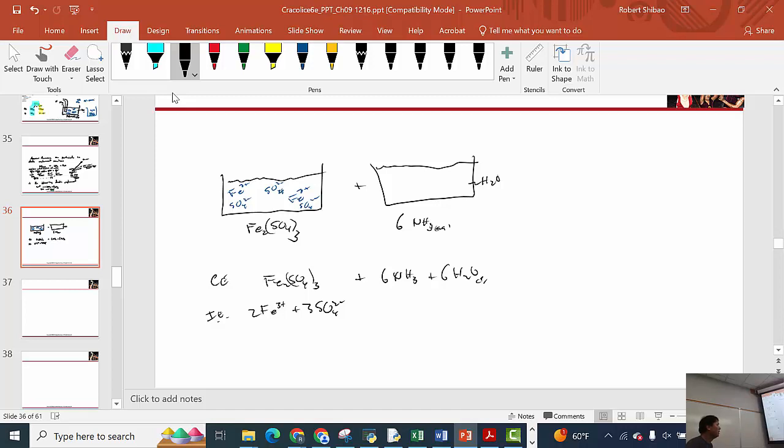Now, we know that these 6 ammonias are moving around, but we also know that not all the ammonias are moving at exactly the same speed and same energy.